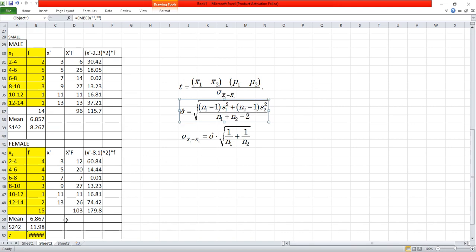What's n2 minus 1? 15 minus 1, 14, times S2 squared, which is 11.59, divided by n1 plus n2 minus 2. n1 plus n2 minus 2 is 14 plus 15 minus 2. 29 minus 2 is 27. You will get this figure.